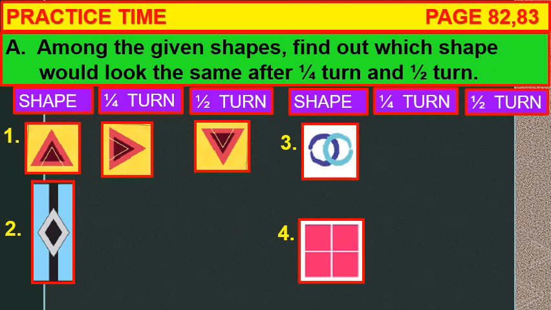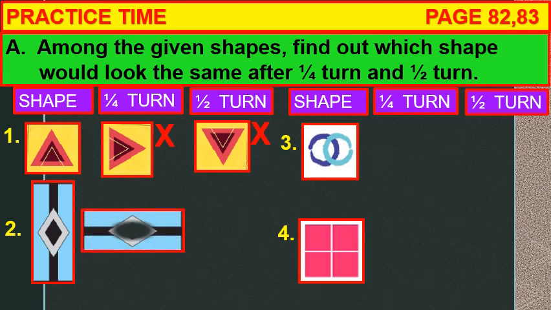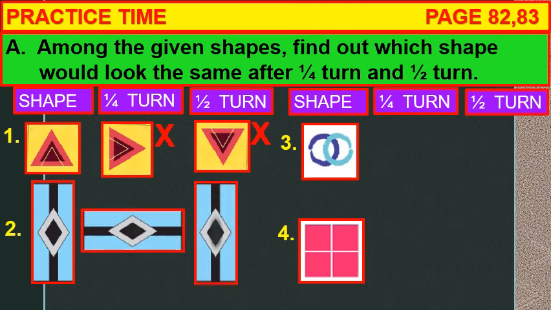Now consider the second shape. Let us give a 1/4 turn and half turn and then check. After giving a 1/4 turn, the shape formed will not look the same as the original shape, but the shape formed after giving a half turn will match the original shape.